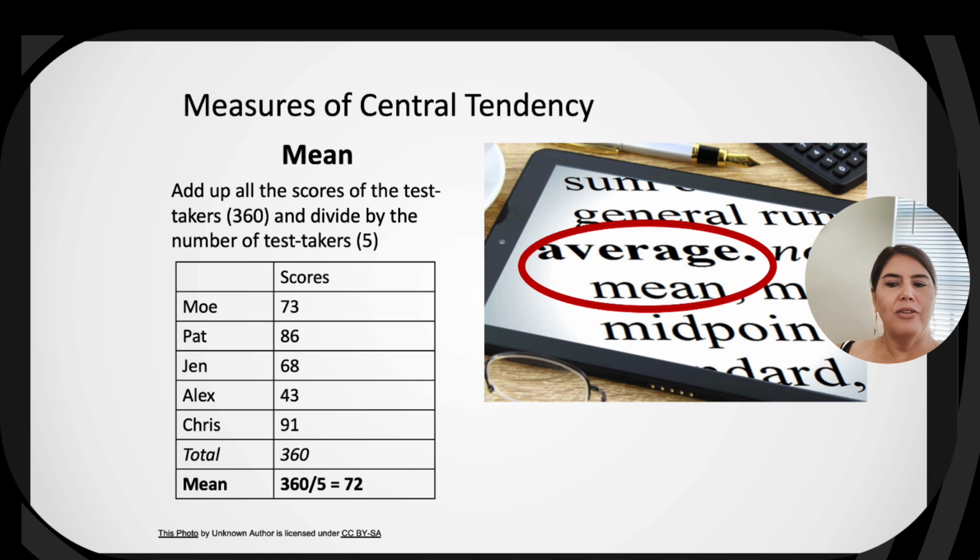The mean can accurately represent the central tendency of the data when you don't have a lot of outliers. We use the mean to just get a sense of the overall performance of the class. So here's an example. If you had all your students' scores here, and that was the total, you're going to divide by the number of students, the number of test takers, and that's how you're going to get the mean.